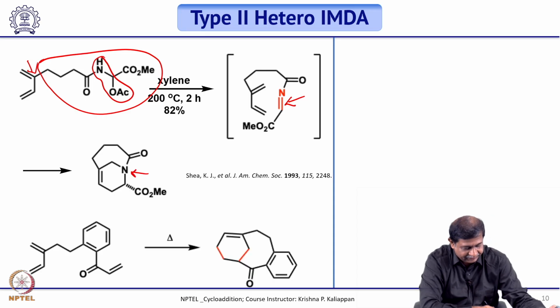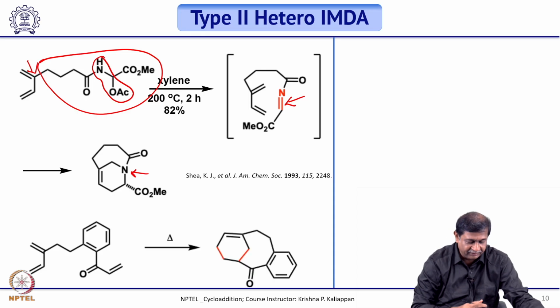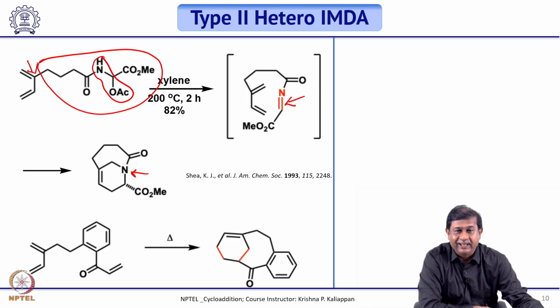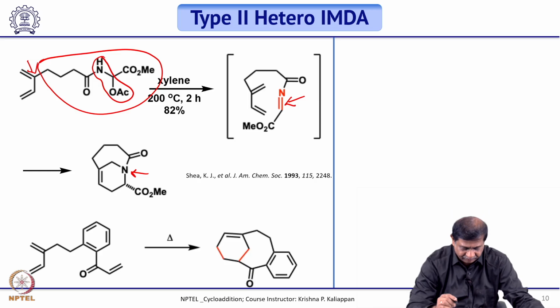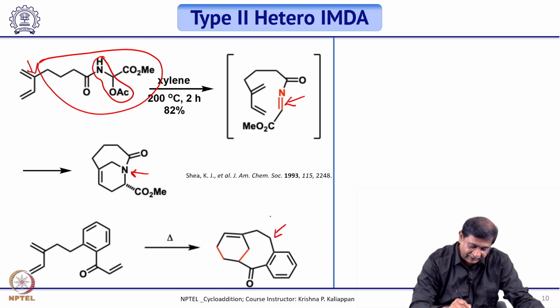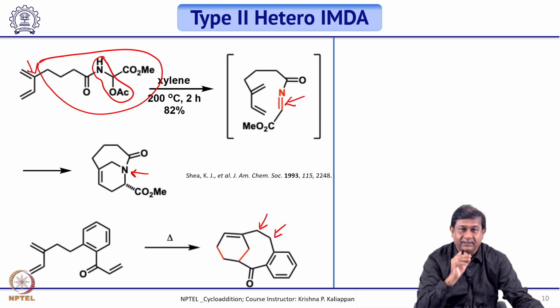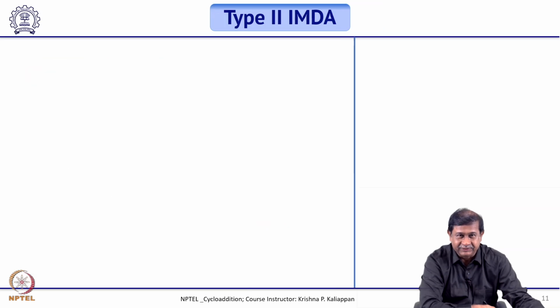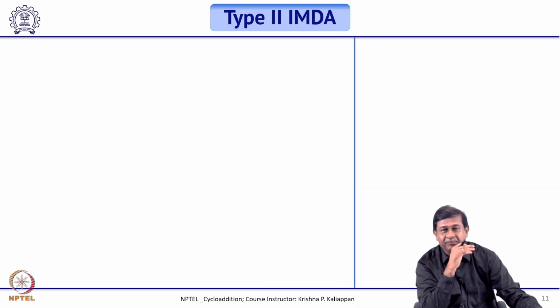So, another example, this is also a very simple intramolecular type 2 Diels-Alder reaction, but here there is no heteroatom, but in principle one can use heteroatom either here or here to have a heteroatom in the second ring. Okay, we will see more examples and you will find many such reactions are known.